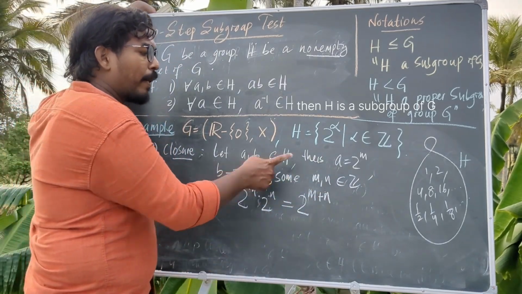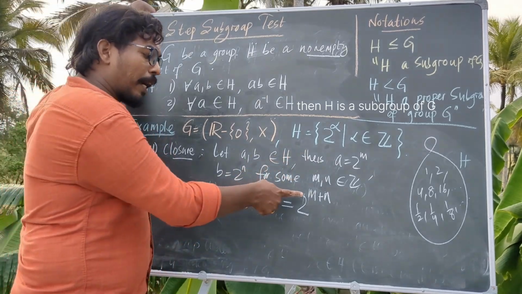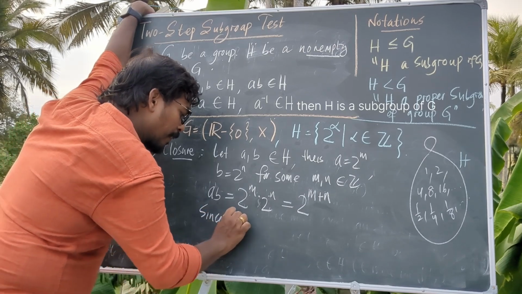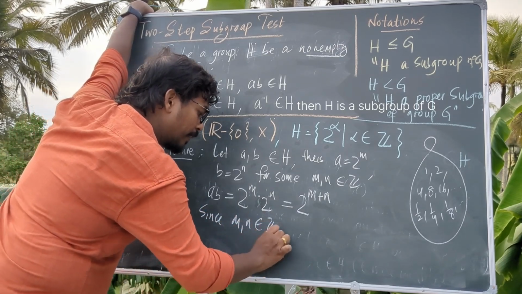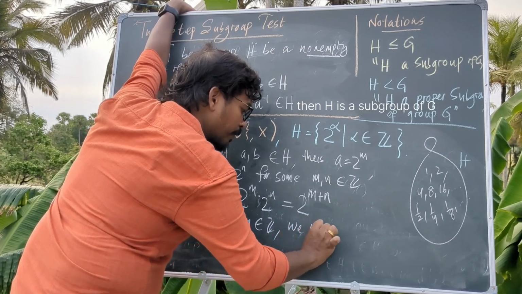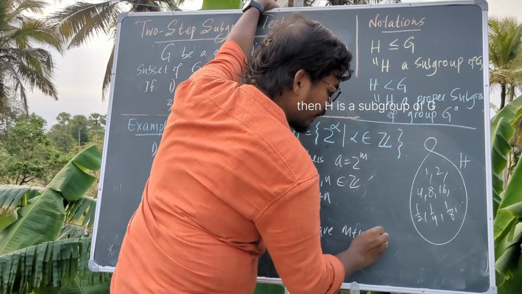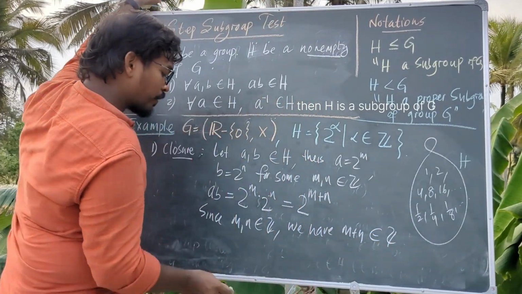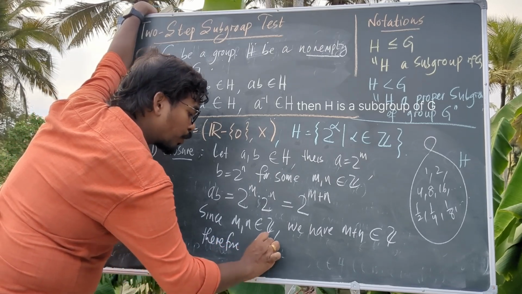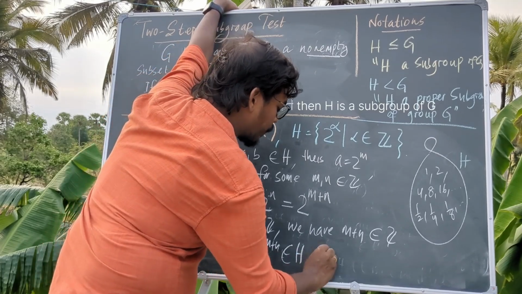We already have m and n are integers. Since m and n are integers, its addition m plus n is also an integer. Therefore 2 to the power m plus n belongs to the subset H, which is nothing but AB.